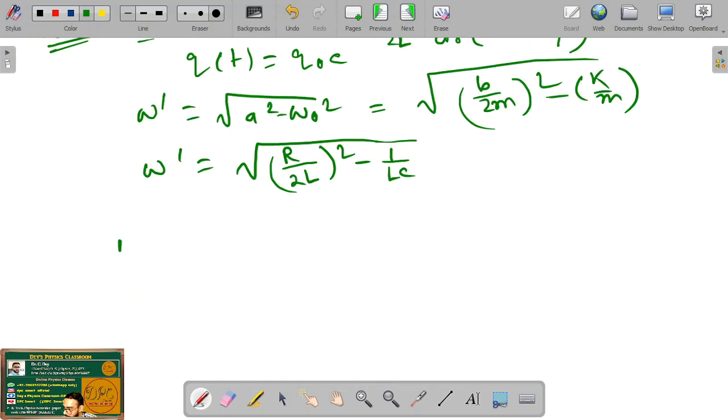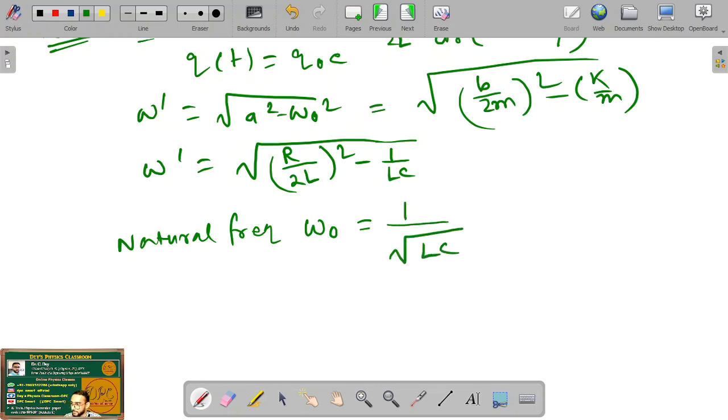And the natural frequency, that is omega 0, is 1 by root under LC. So, omega 0 would be 1 by root under LC. This is the natural frequency.